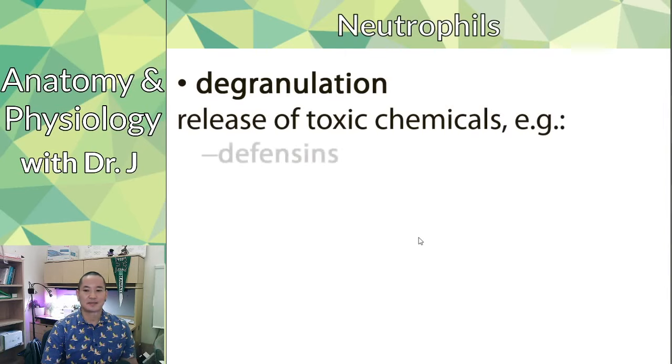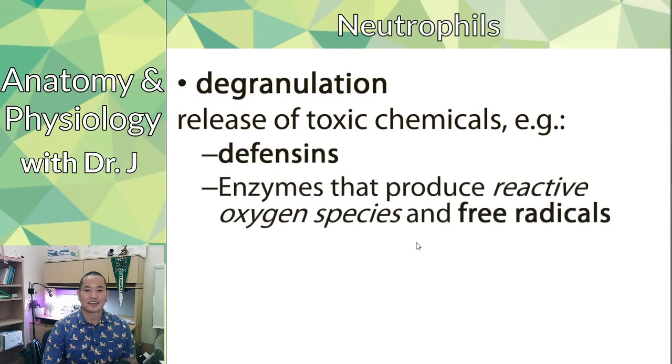Many of these chemicals include things like defensins, which we covered earlier, and also enzymes that produce reactive oxygen species. I don't think we would have time to talk about reactive oxygen species, but you might have heard the term free radicals. If you've had chemistry and done Lewis dot structures, you know that electrons don't like being alone.